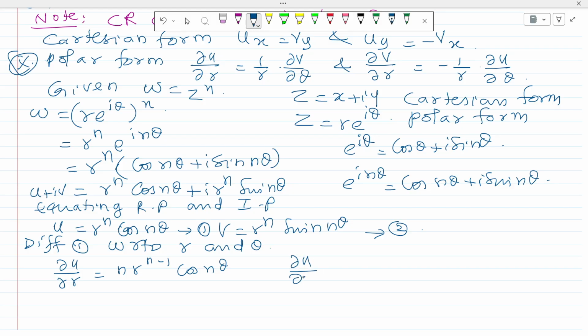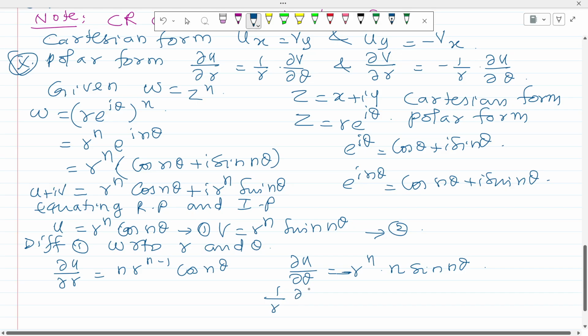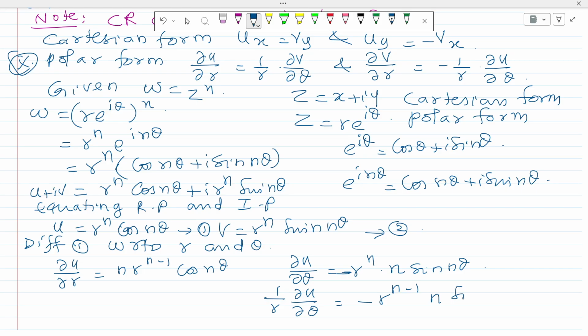Similarly, dou u by dou theta equal to minus r power n into n sin n theta. But we need 1 by r dou u by dou theta. So 1 by r dou u by dou theta equal to minus r power n minus 1 n sin n theta.